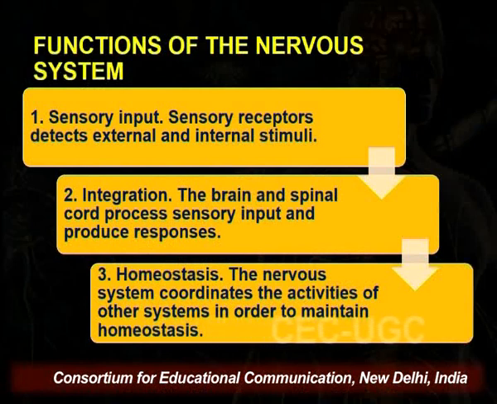These are the functions of the nervous system. The first one is sensory input. Sensory receptors detect external and internal stimuli. The second one is integration. The brain and spinal cord process sensory inputs and produce responses. The third one is homeostasis. The nervous system coordinates the activities of other systems in order to maintain homeostasis.